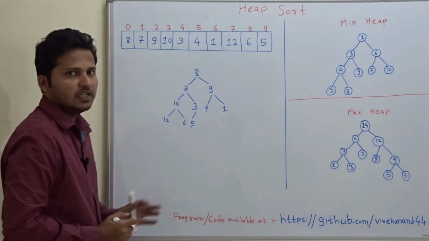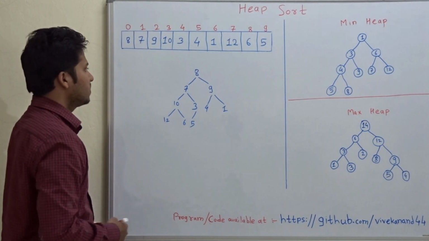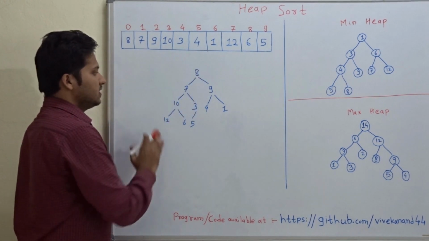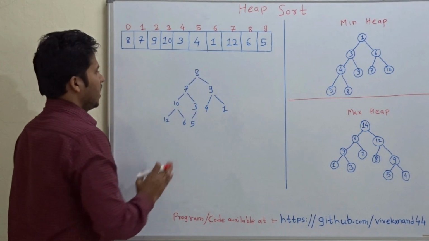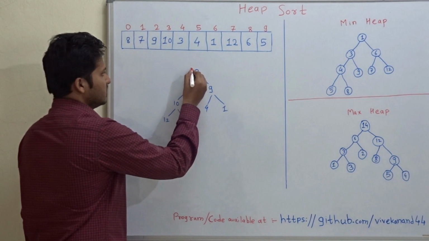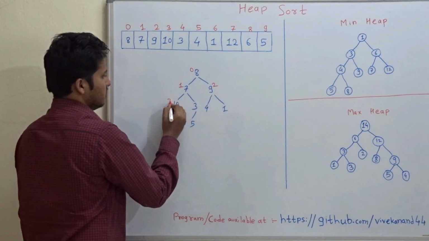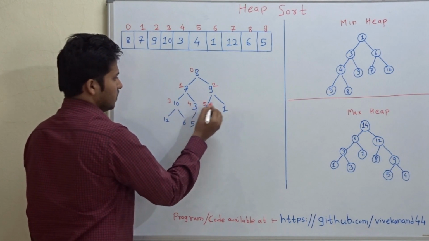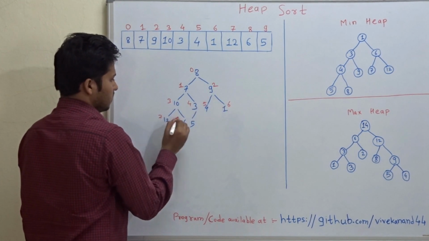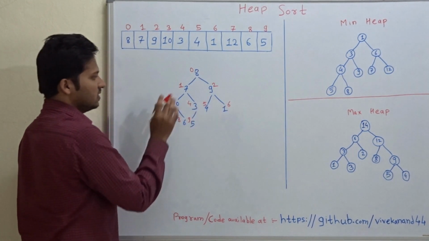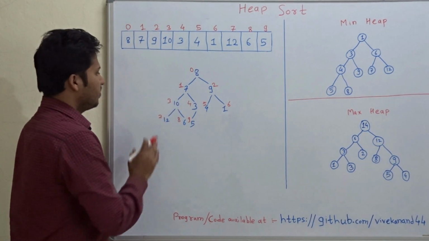What I have done here is that I have just written all these elements sequentially. I will write the indices of the elements so that you can better understand. These are the indices of the elements in the array.